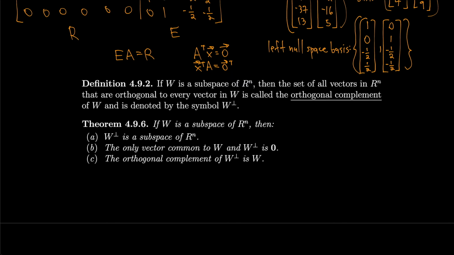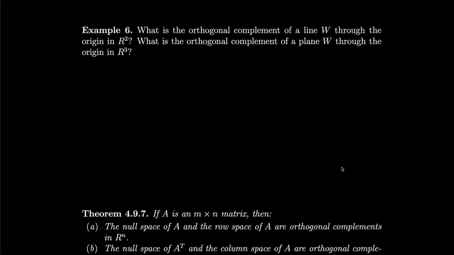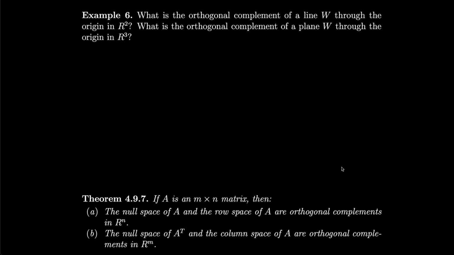The only vector common to W and W perp is the 0 vector, and the orthogonal complement of W perp is W. As an example, what is the orthogonal complement of a line W through the origin in R2? What is the orthogonal complement of a plane W through the origin in R3?